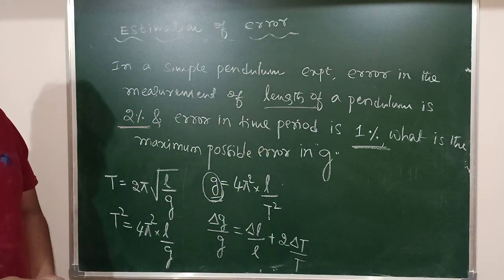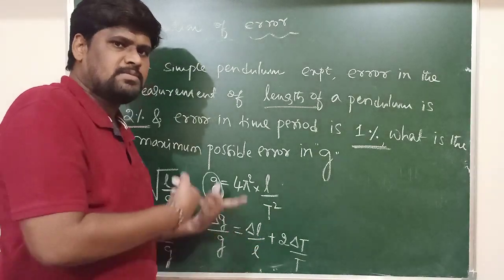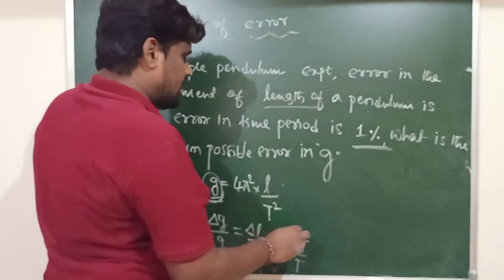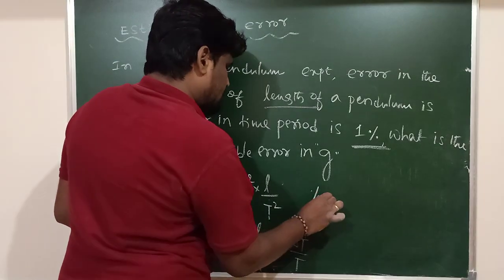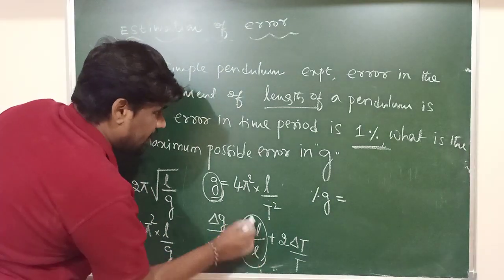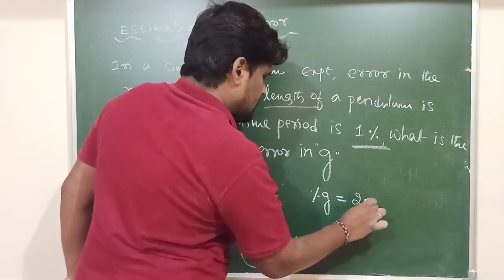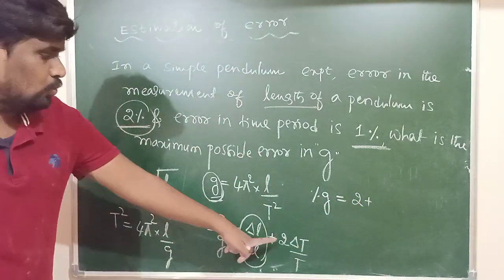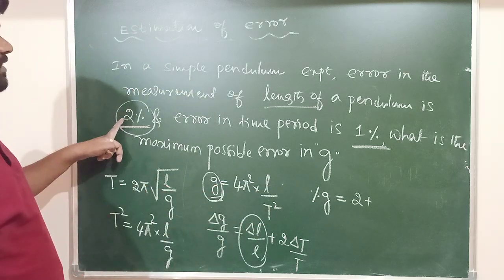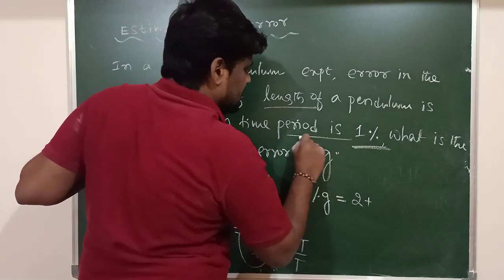What is the percentage of error in G? It is the percentage of error in L plus 2 times the percentage of error in T. The percentage of error in L is 2%, plus 2 times the percentage of error in T. How much is the percentage of error in the time period?